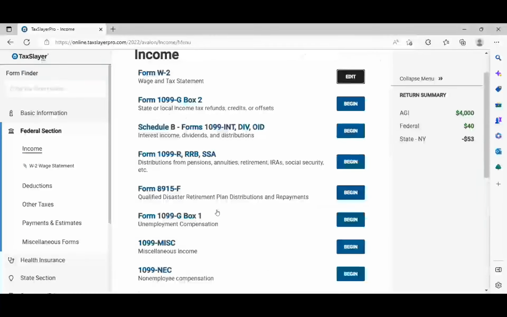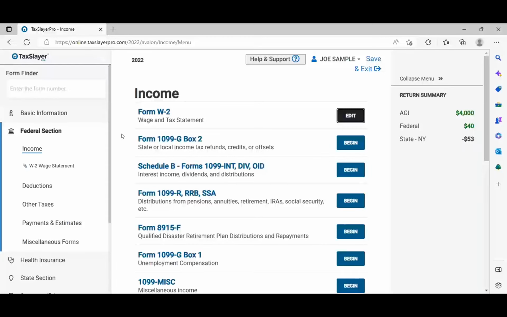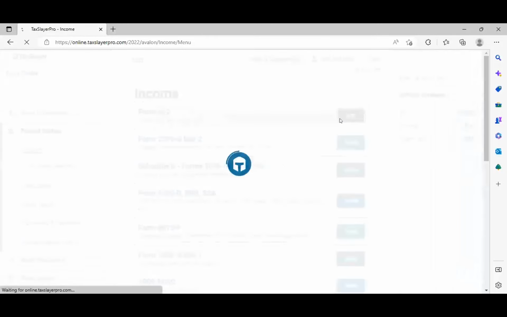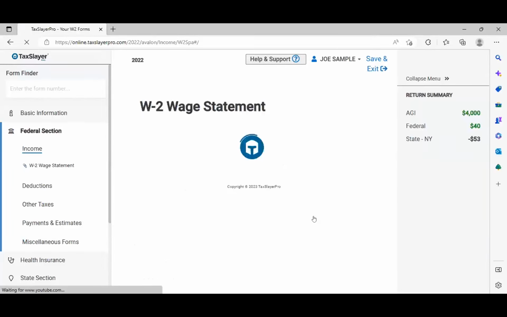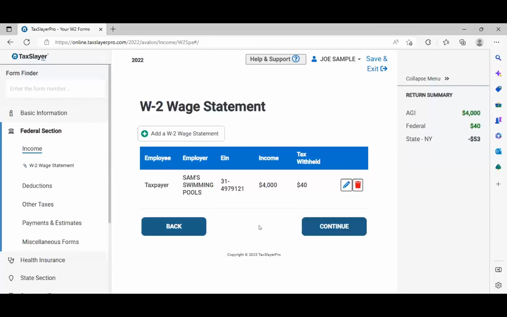Okay. Let's go back to the W-2. Again, a common screen that you'll probably know about and deal with here. Let's see what's in there on Joe's sample. So far, it says here that Joe had a job from a company called Sam's Swimming Pools.